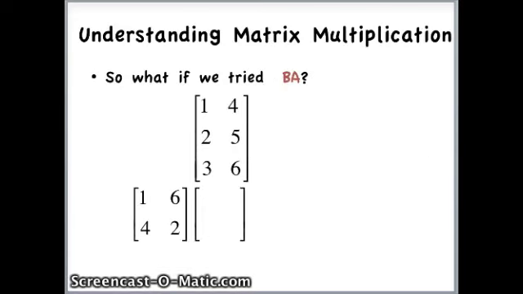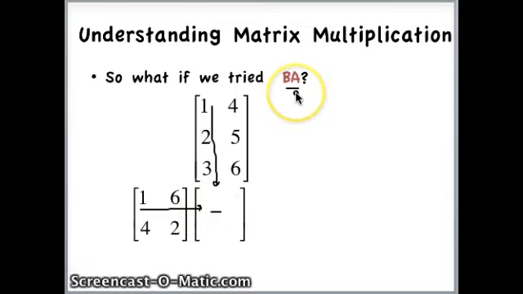Alright, so what if we tried B times A? We already know it won't work because the dimensions don't match up correctly, but let's just say we tried to do it. By our multiplication rules, this row intersects this column right here at this entry.